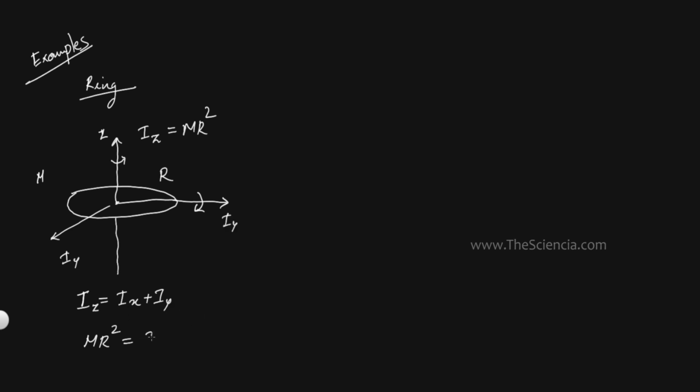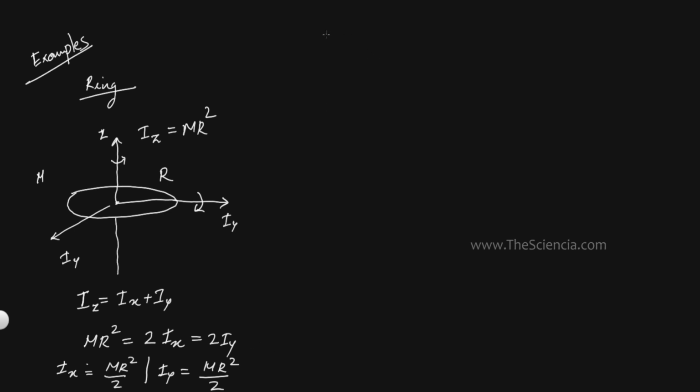Therefore we can write it as 2Ix, or 2Iy. So the moment of inertia about the x-axis is Ix equal to mr square by 2, or about the y-axis, Iy equal to mr square by 2.